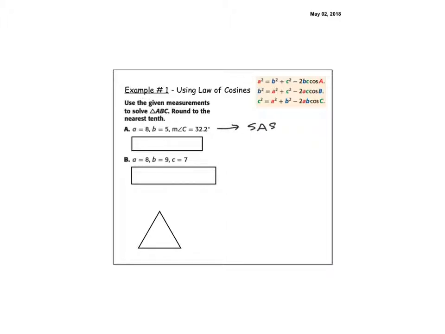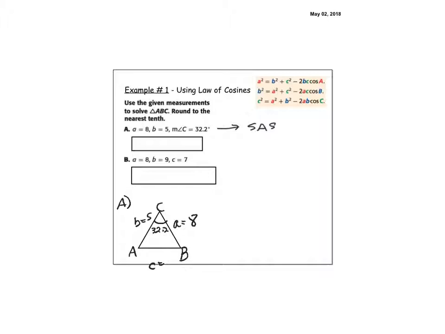Okay, the first thing I'm going to do to solve, I'm going to label the triangle first. I'm going to call this big A, big B, and big C, then little c, little b, and little a. So I have a to be 8, I have b to be 5, and the angle between them is going to be 32.2.